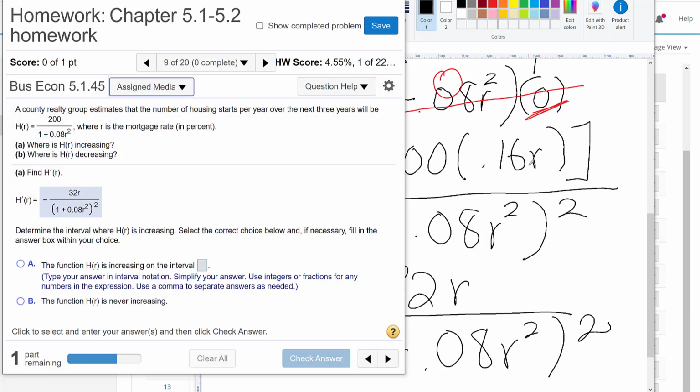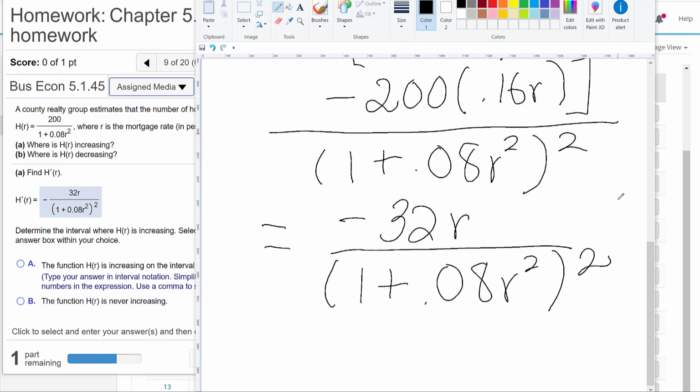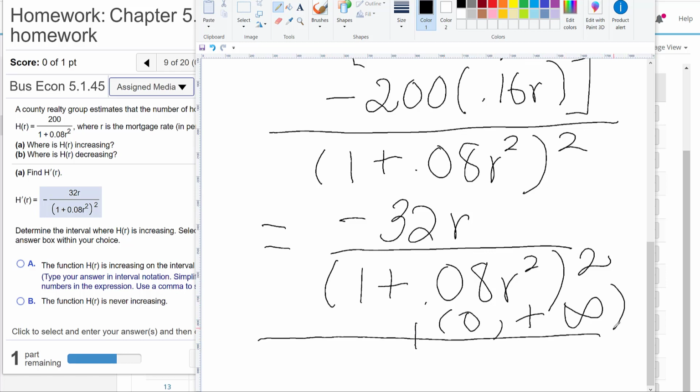Now we're supposed to determine the interval where it is increasing. Now, remember our original number line said that we're only interested in values from 0 to plus infinity, because it wouldn't make sense for an R, a rate of mortgage, to be negative.